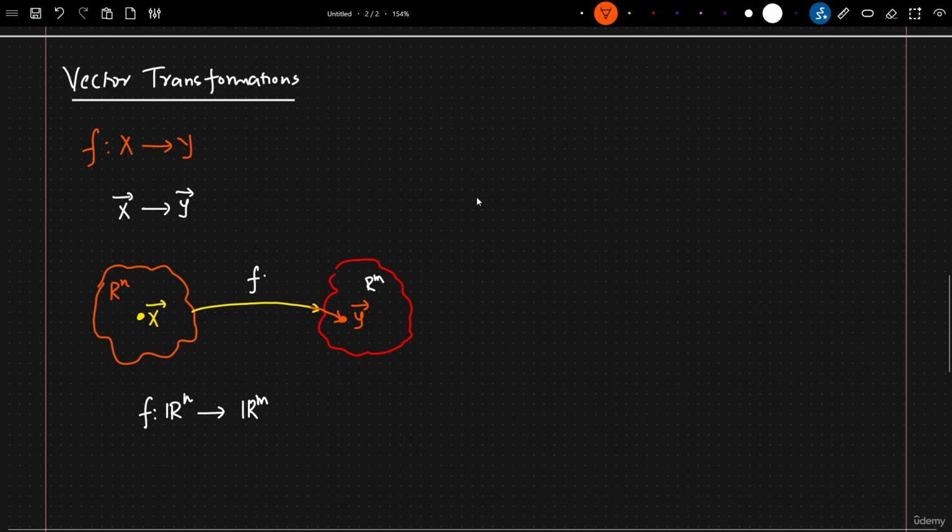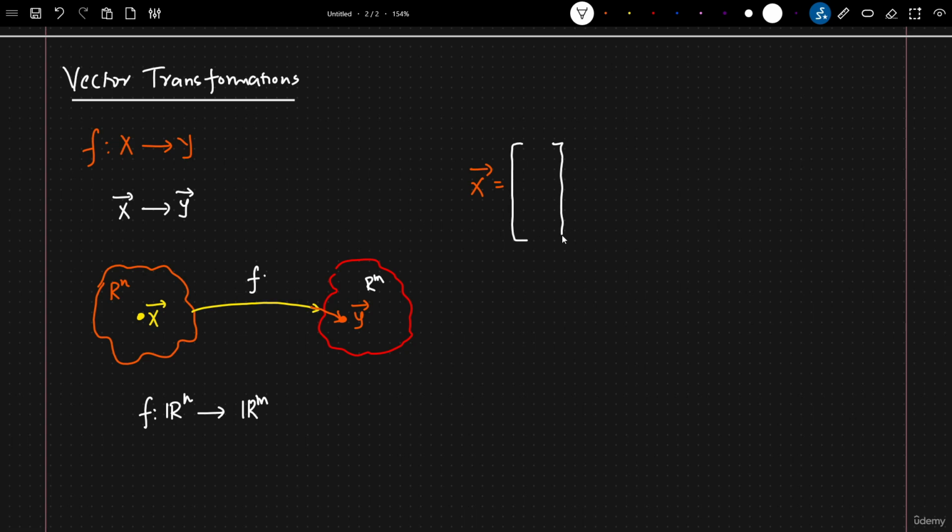So here, if I consider x dash, how can we denote it? I hope everybody now knows about vectors. We can denote it like this: x1, x2, x3, up to xn. And here you know that x1, x2, x3 up to xn belong to the real numbers, and it can be of n dimensions, as always mentioned.